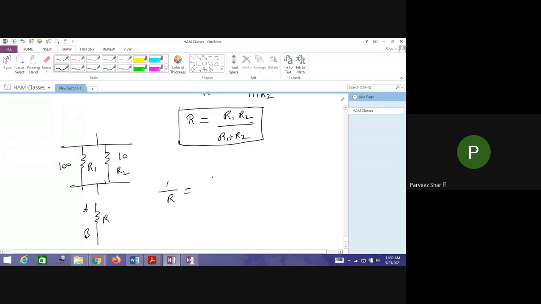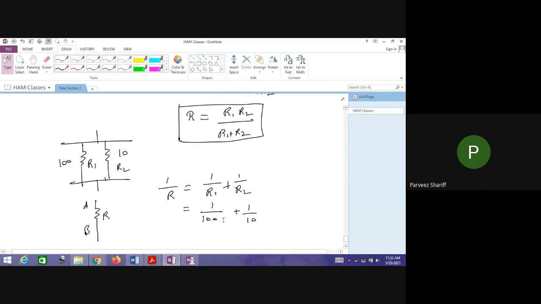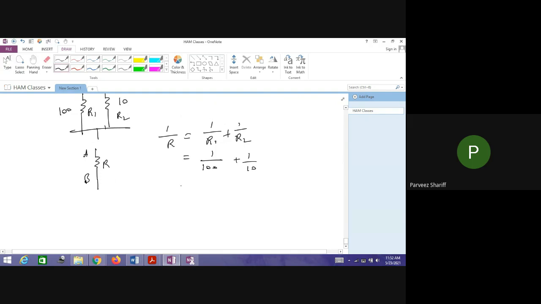So 1 by R is equal to 1 by R1 plus 1 by R2. So we can just substitute 1 by 100 plus 1 by 10. You can calculate individually and write. So 1 by 100, we will get as 0.01, and 1 divided by 10 we'll get as 0.1.